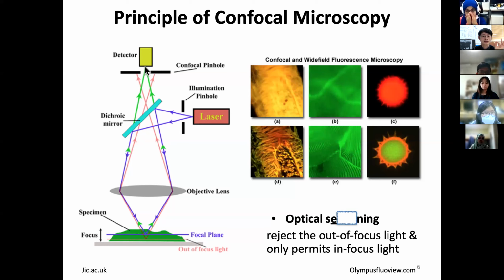But wait a second. When you shine with the purple line, in fact, in that focal plane, but up and down, there's still this excitation light.